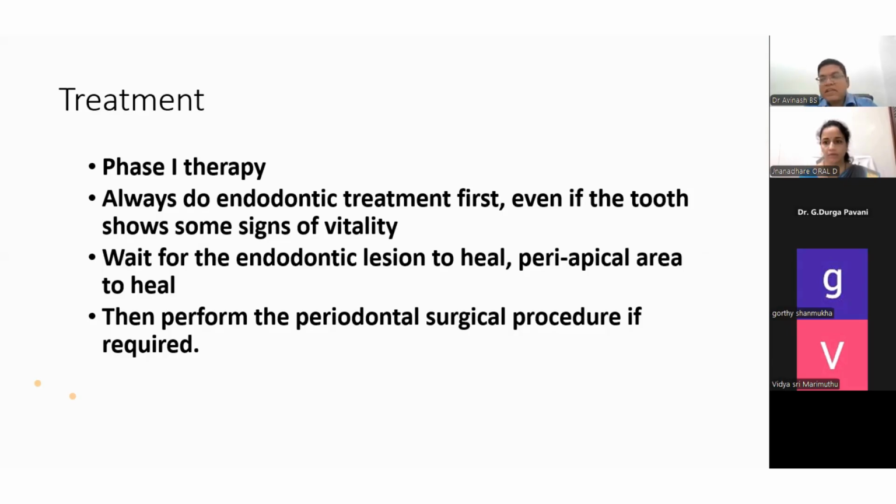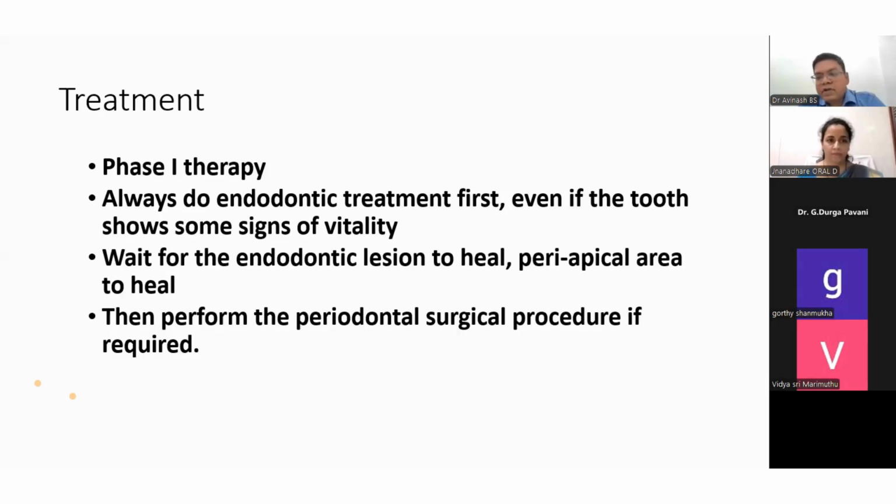Even if there is some delayed response and it is very close to the periapical region, even then I would recommend doing the endodontic treatment first. Wait for the periapical area to heal, then reevaluate, and if required, do the periodontal surgical treatment. So this is the protocol to be followed.